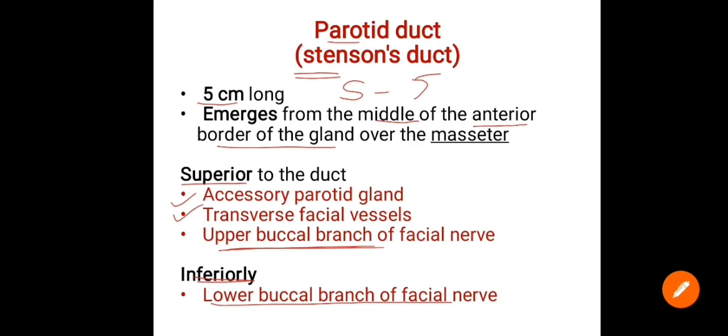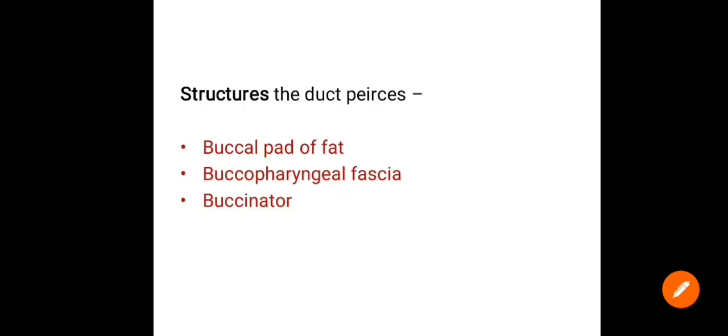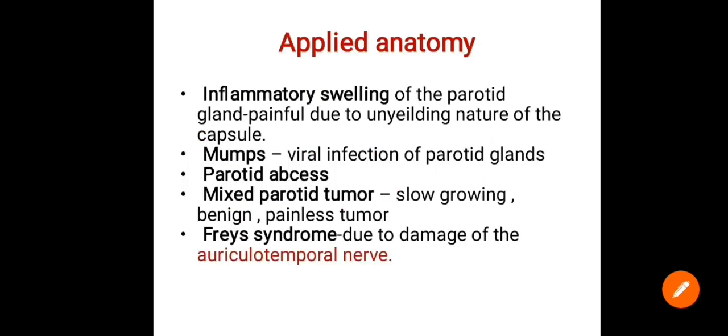Inferior to the duct you have the lower buccal branch of the facial nerve. And the structures that this duct pierces, it pierces the buccal pad of fat, the buccopharyngeal fascia and the buccinator. All three are with the B, okay, with the alphabet B. Buccal pad of fat, buccopharyngeal fascia and the buccinator.